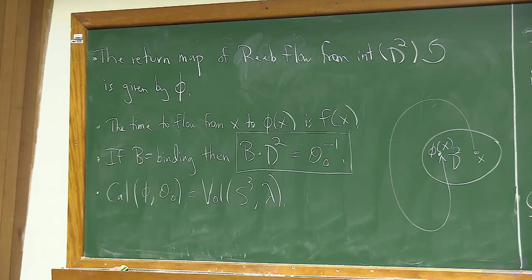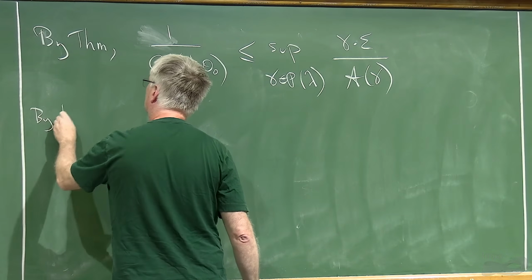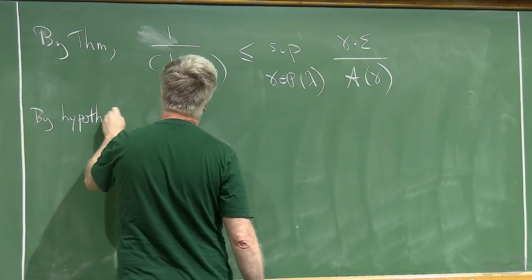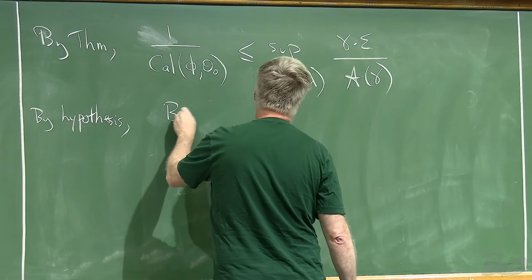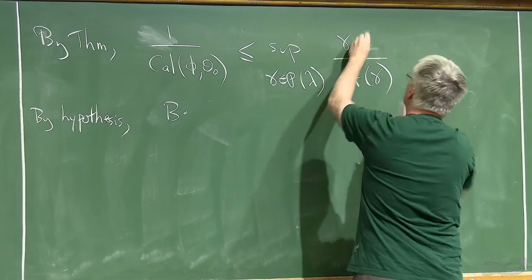And the action of the binding is 1, because that's just the area of the disk by Stokes' theorem. So by hypothesis, if I take the binding, intersect, and here sigma is the disk, so I should put D2.